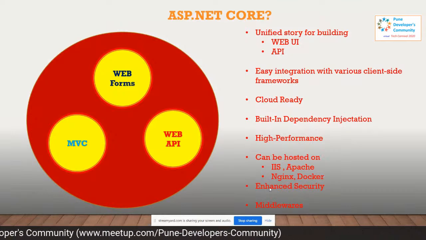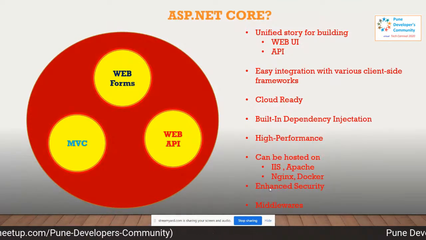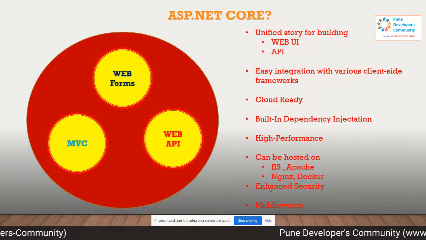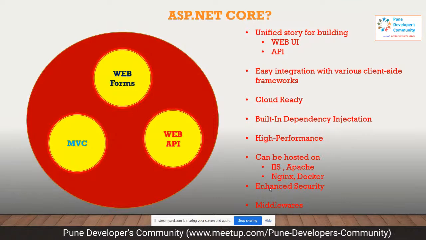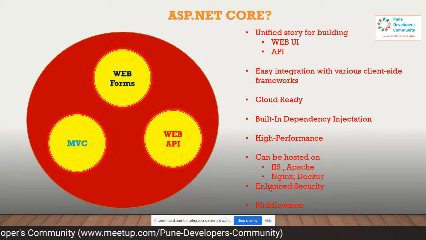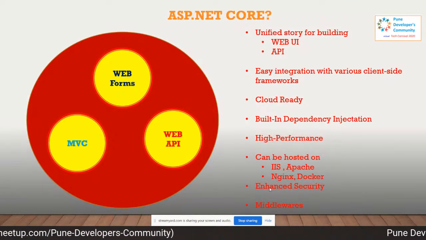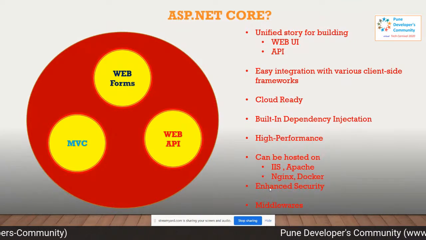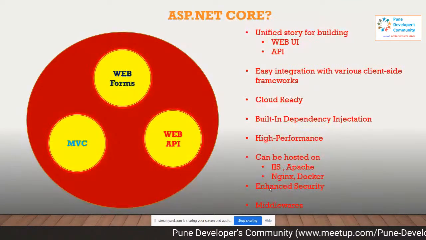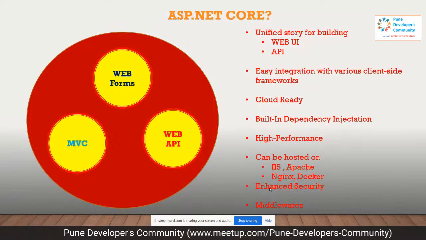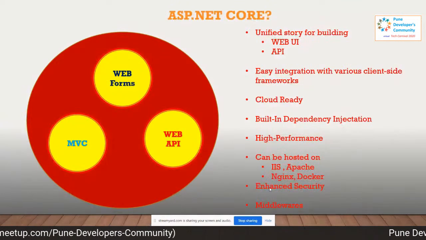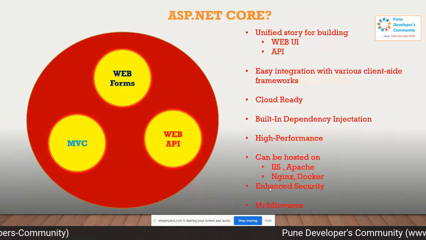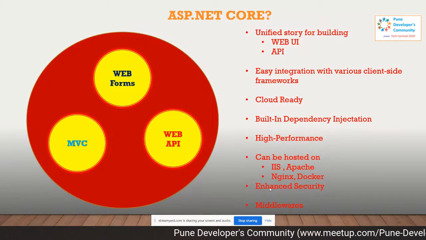That's called service lifetime in dependency injection. But if you want an application-level logging process, then better you make it a singleton. So all these things you can manage for your application with the help of this inbuilt support for dependency injection in ASP.NET Core. So we have all such great features which are commonly used for your web forms, MVC, and web API.